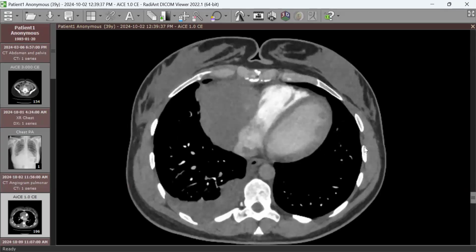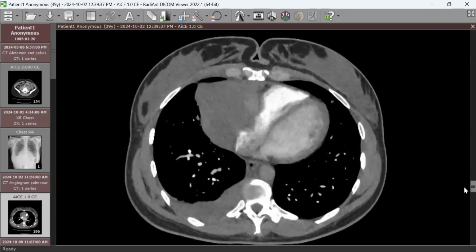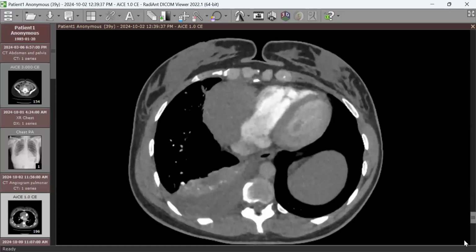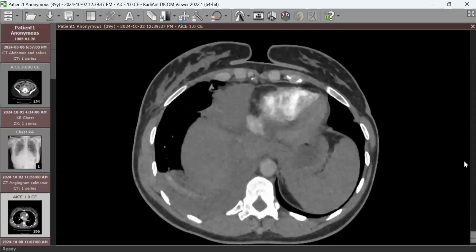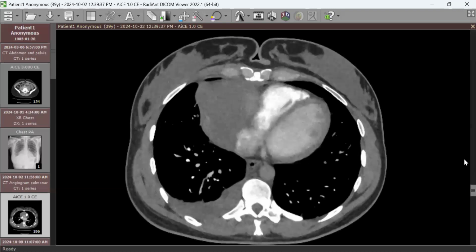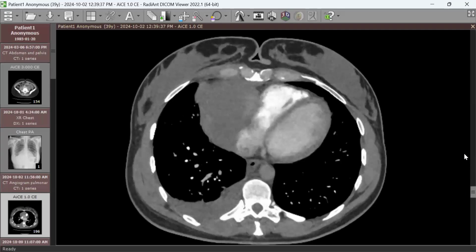And look at this. This is the epicardial fat. It disappears here. But still the lesion remains more likely within the boundaries of the pericardium. Do you agree it could be originating within the pericardium, right?